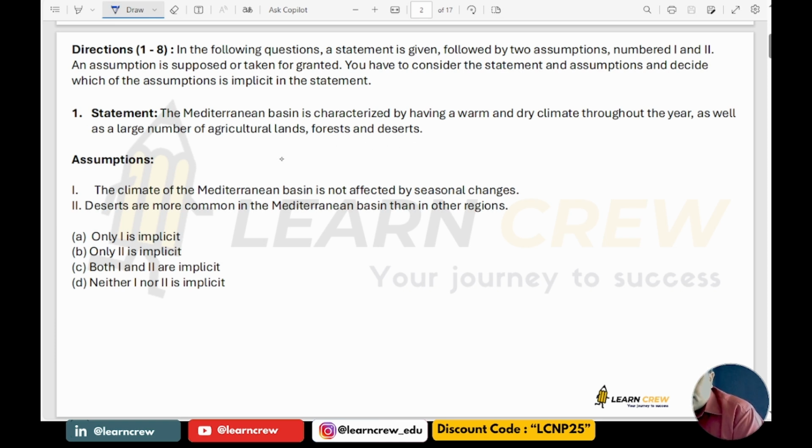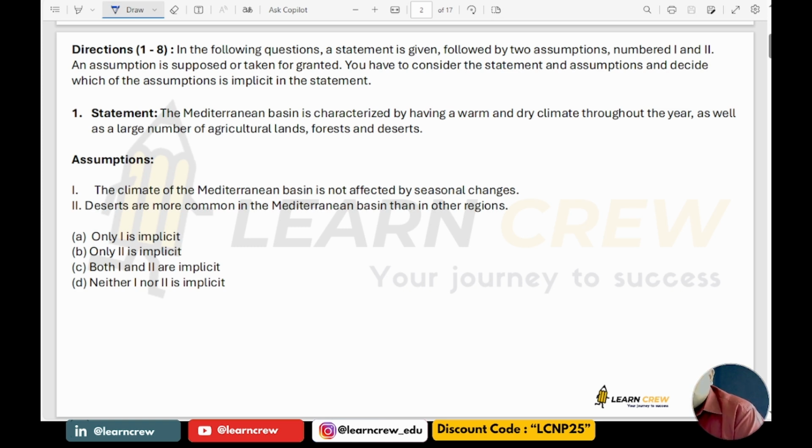Assumptions: the climate of the Mediterranean basin is not affected by seasonal changes.